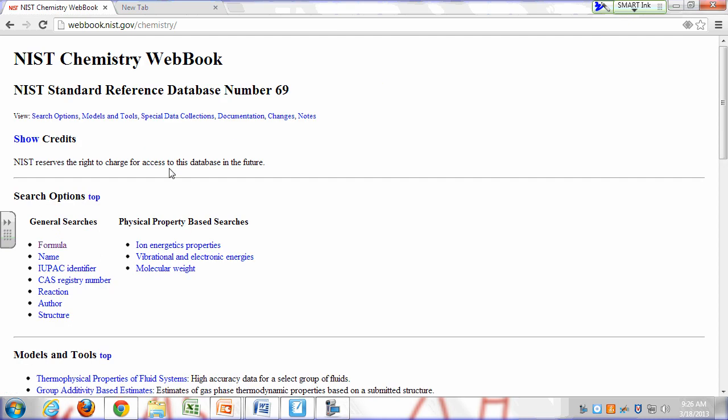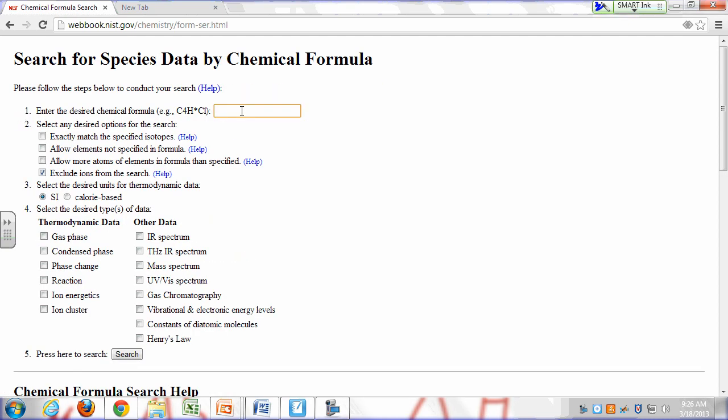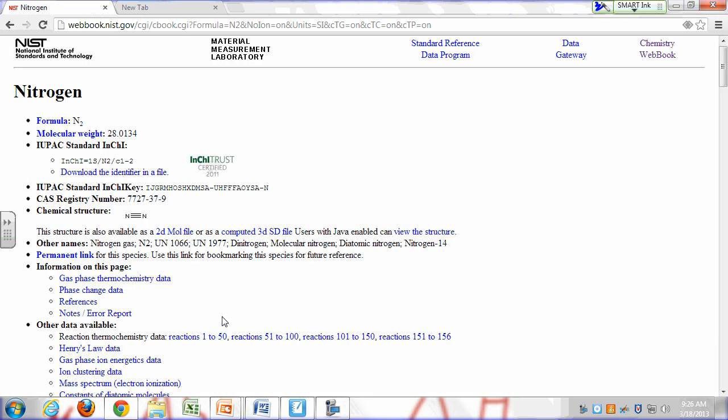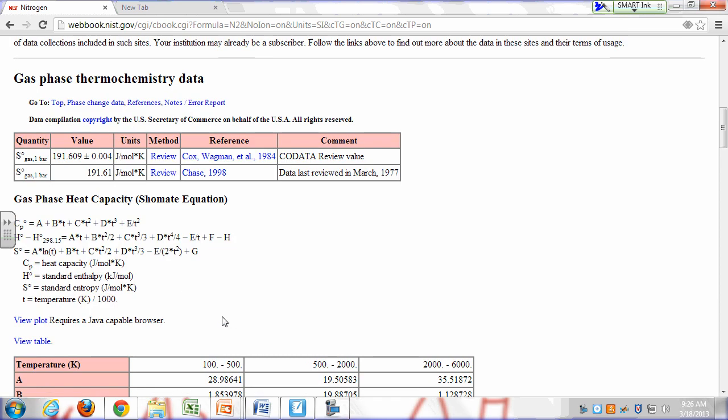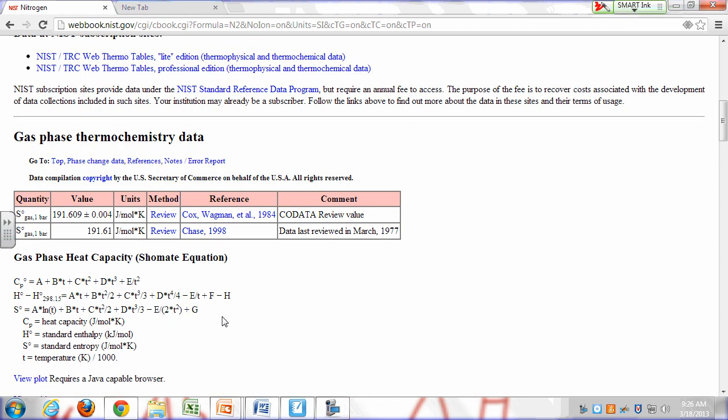Go to chemistry web book, you search for nitrogen, N2, okay? Gas phase, condensed phase, phase change data. And let's see, here it is. Absolute entropy, 1 bar, is 191.609, 191.61, as recently reviewed as of 1998.